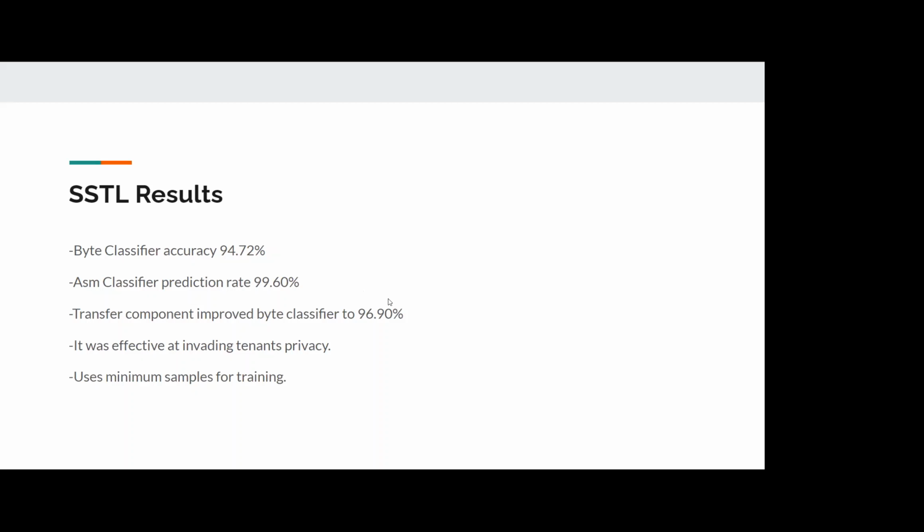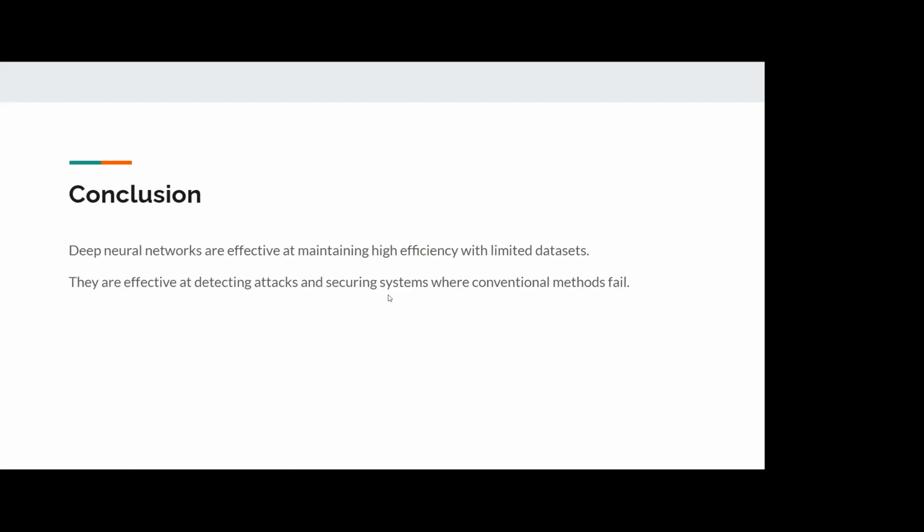And with the transfer component included, it improves the byte classifier from 94 to 96.9%. The assembly model can avoid invading tenants' privacy, and it functions well with minimum training samples.